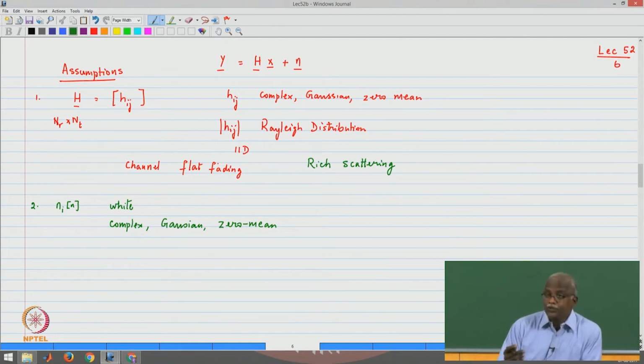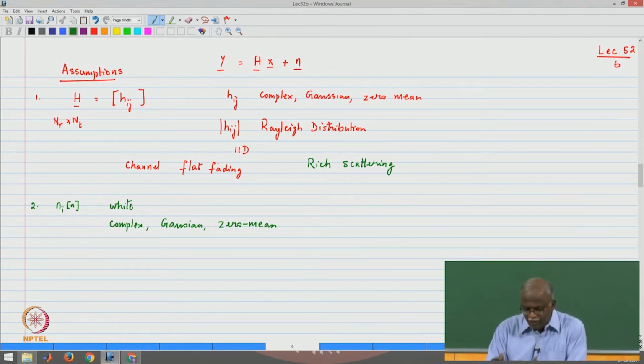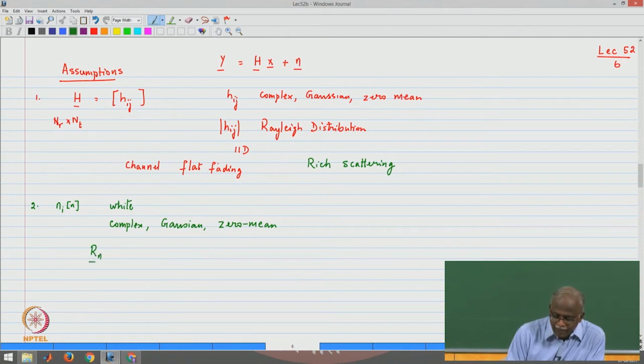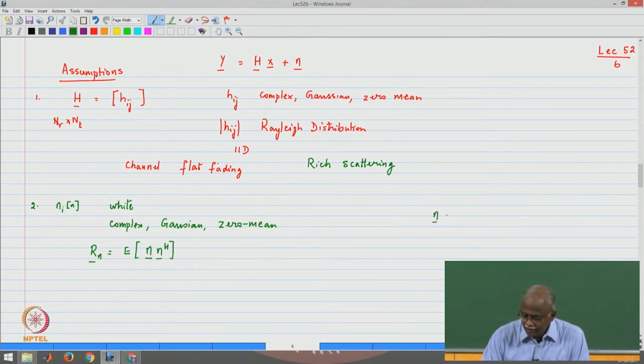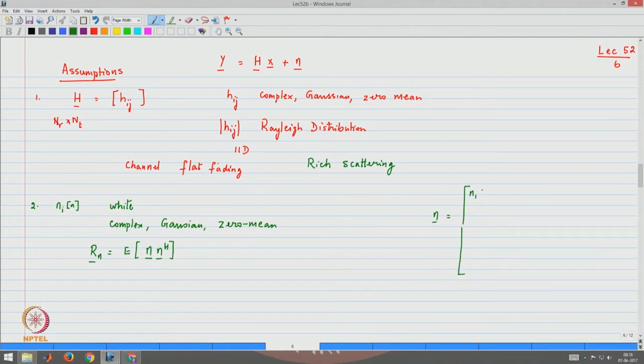Just as you would characterize the properties of a white noise, we can write it down in terms of the correlation matrix or the covariance matrix, which says that if I take the expected value of the vector n times n Hermitian, where the vector n corresponds to the noise terms in each of the NR receive antennas, so this is n1 of n all the way to nNR of n.